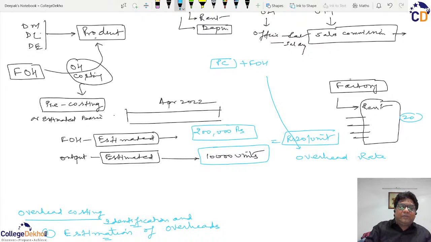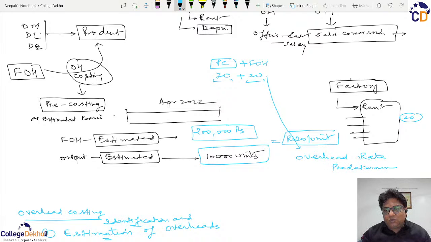So if the company's prime cost of the product is 70 rupees and this 20 rupees is our overhead rate, then the prime cost came on an actual basis, because there won't be much variations. And these factory overheads you added on the basis of a predetermined rate. So we use a special word: when factory overheads are added to the prime cost on the basis of a predetermined overhead rate, we use the word absorption.